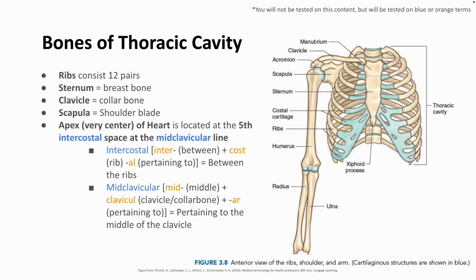Let's break that down. Intercostal: inter, if you recall from last lecture, means between. Coast, also from last lecture, means rib, and al, pertaining to. So intercostal means between the ribs. And we said fifth intercostal space. That intercostal space starts from between the blue cartilages at the very top.